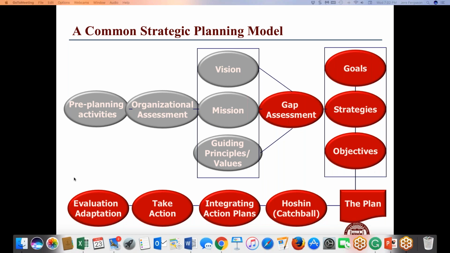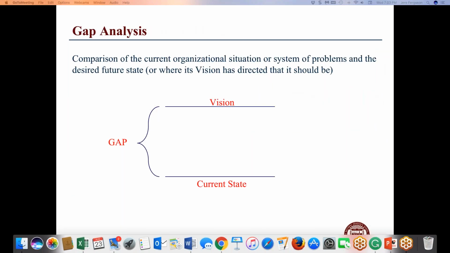So when we talk about a gap or a gap assessment, it's a pretty simplistic approach, but basically we're looking at what's the vision or the future state in the case of your case studies for the organization and where they are currently.